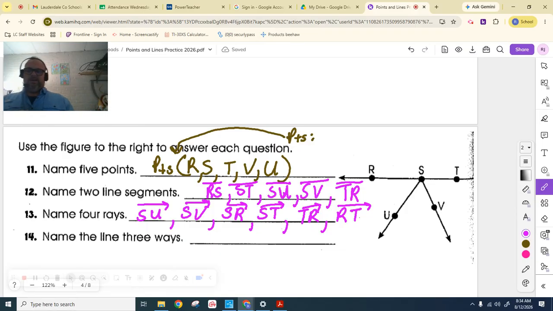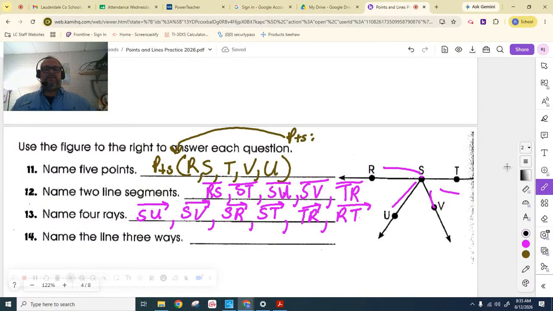You just needed 4. If I was a student in this class, I would have started right here at S, and I would have gone this way, this way, this way, this way. I would have done those 4 because those are the main ones, and the easiest.